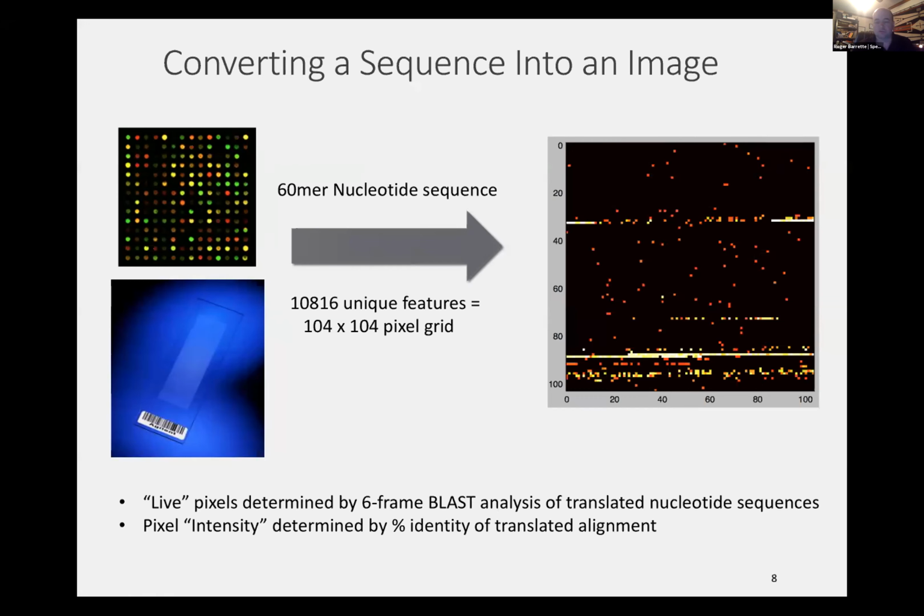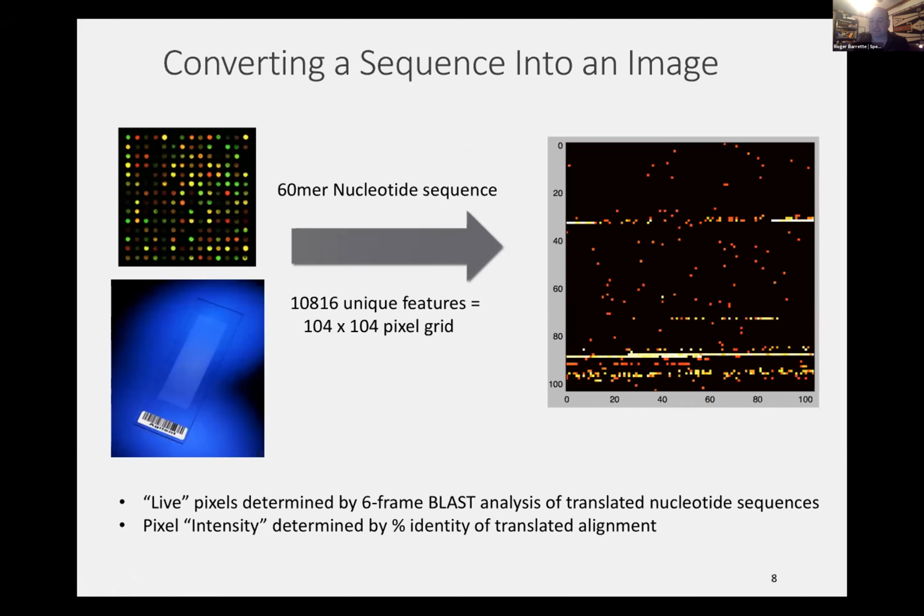And so what we do is we then cross-reference our sequences up against this grid. And so what you end up getting is almost a virtual microarray out of the sequence comparisons. And so the neural network is able to learn these patterns. And this isn't just a direct nucleotide alignment. We actually do a 6-frame, it's called T-BLAST-X.